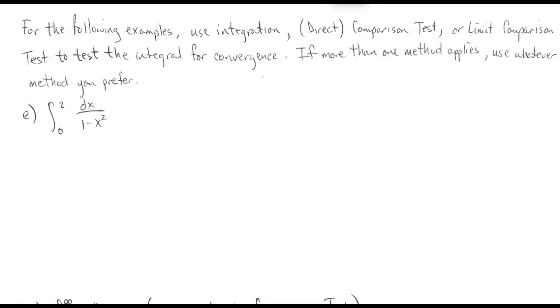So in this video, we will be using the direct comparison test, limit comparison test, or other means to help us figure out whether these improper integrals will be convergent or not.